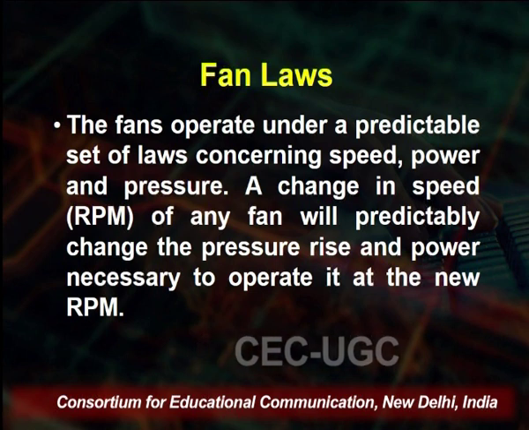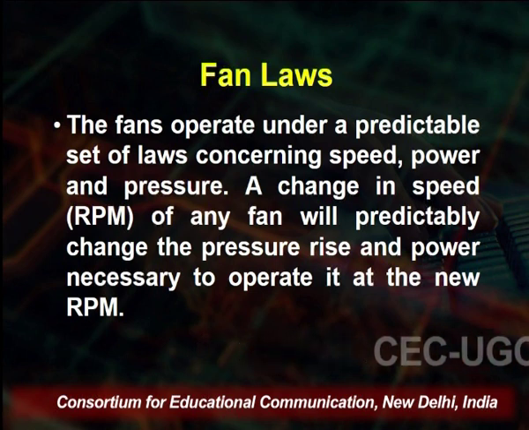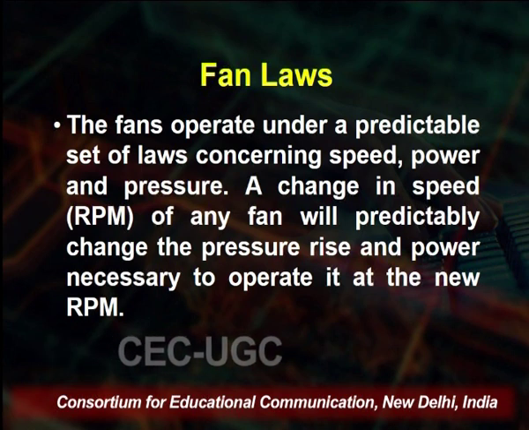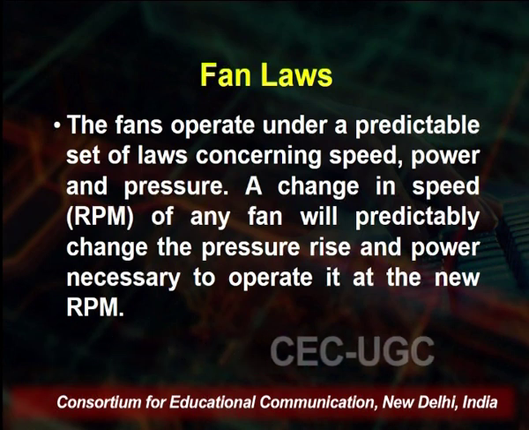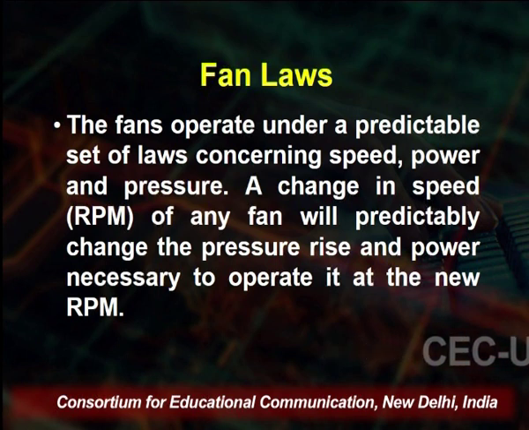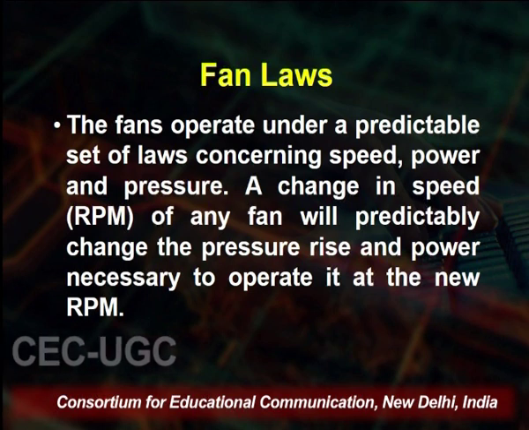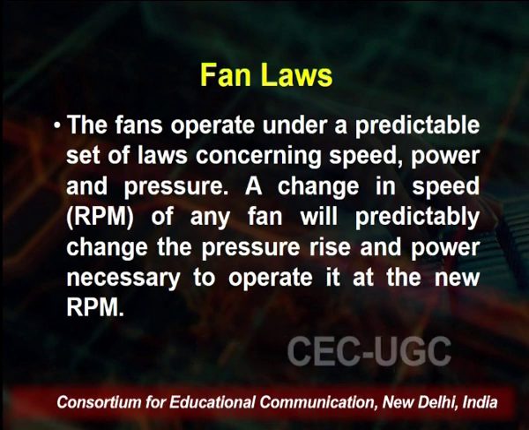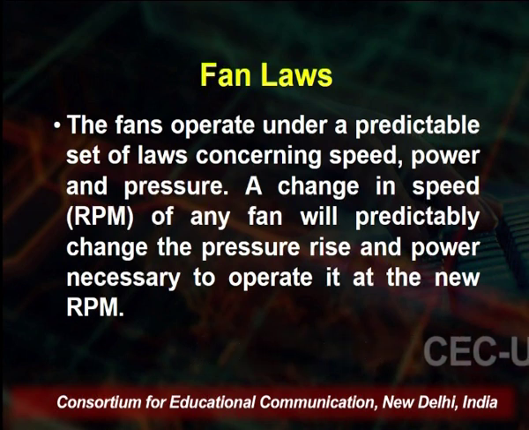Next are the fan laws. Fans operate under a predictable set of laws concerning speed, power and pressure, and the volume. A change in the speed, meaning rotation per minute, of any fan will predictably change the pressure rise and the power necessary to operate it at the new rotation per minute.